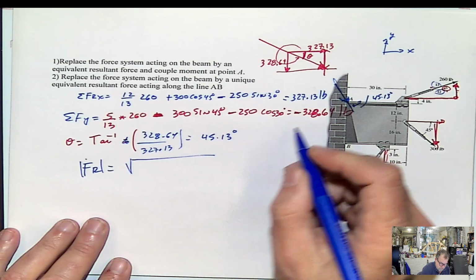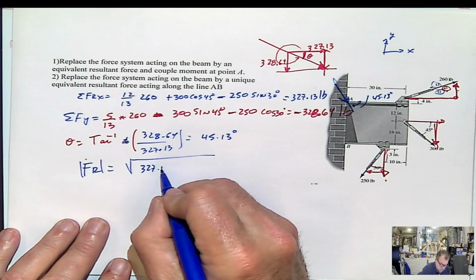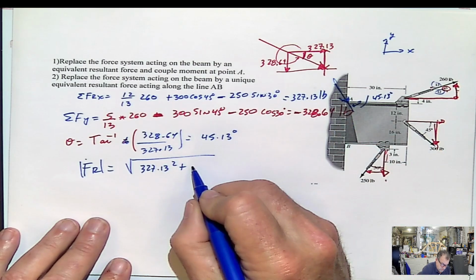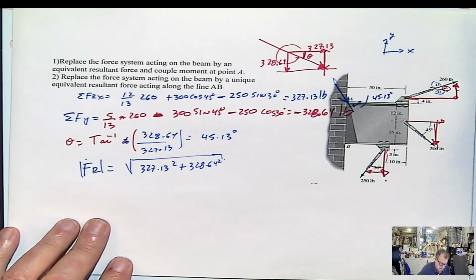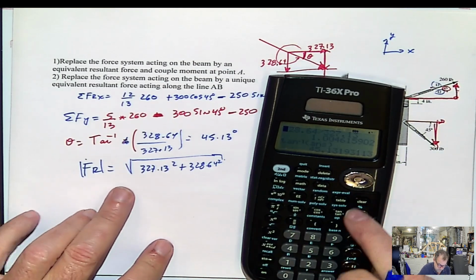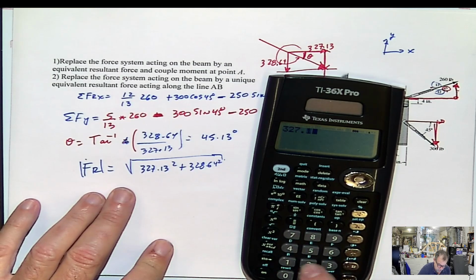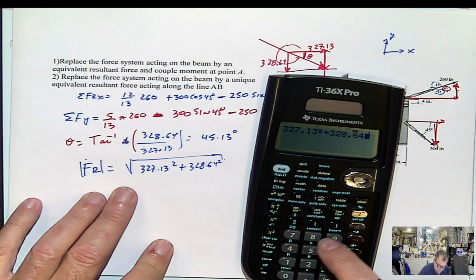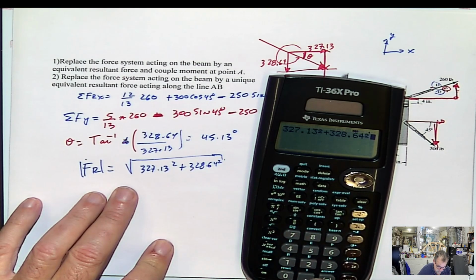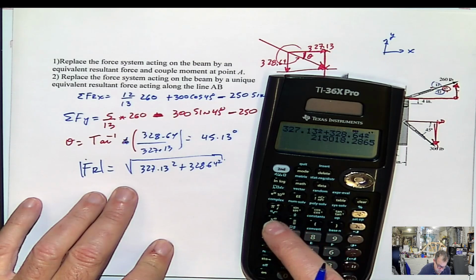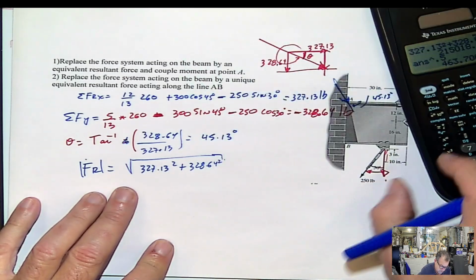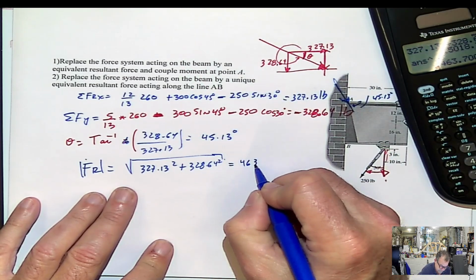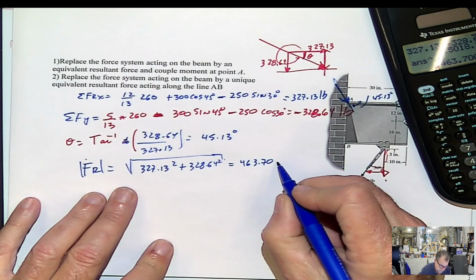Square root of 327.13 squared plus 328.64 squared, and that will be 463.70 pounds.